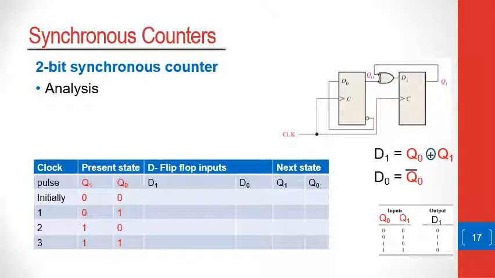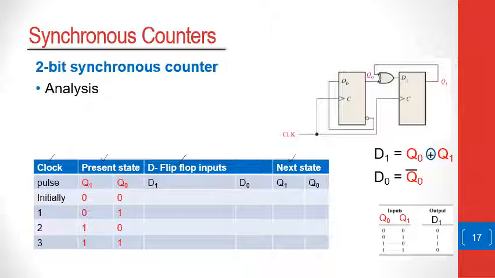The operation of this 2-bit counter can be analyzed using the table below, which has the clock input, the present or current state, how the current state affects the flip-flop inputs, and how those flip-flop inputs will transition to form the next state.